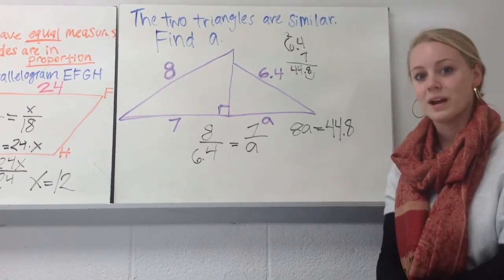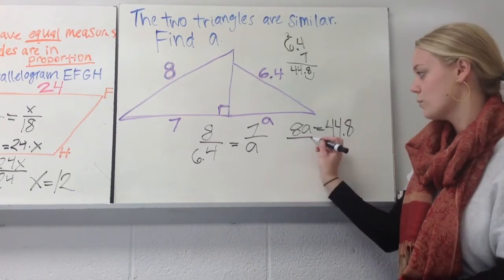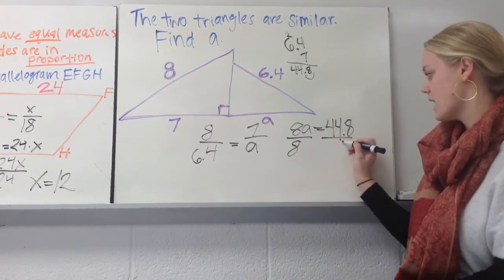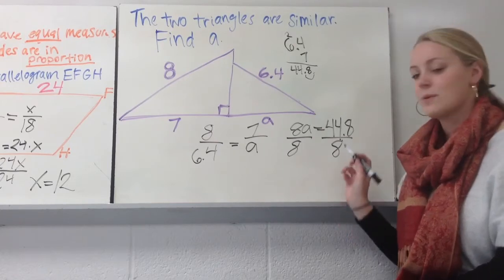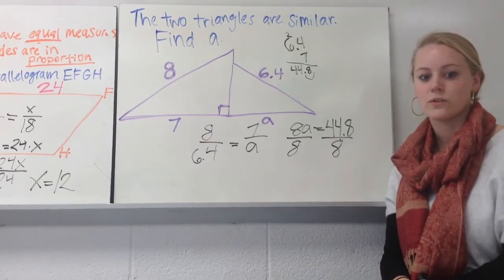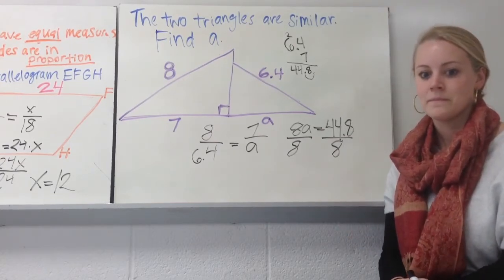But we have to get A by itself. In order to do that, we divide both sides by 8. And now we see how many times 8 goes into 44.8.